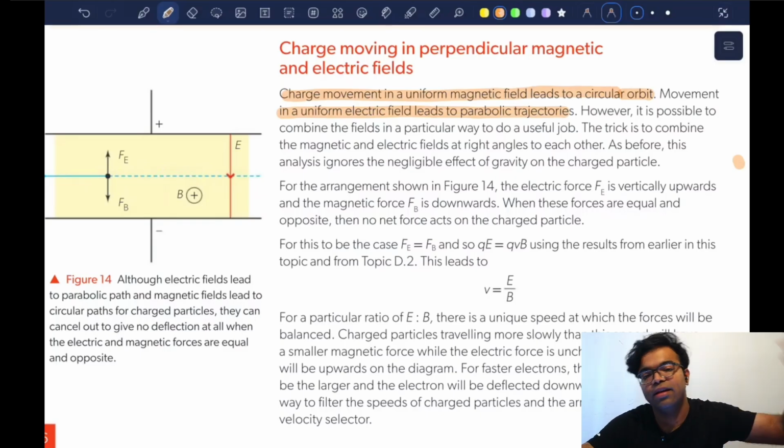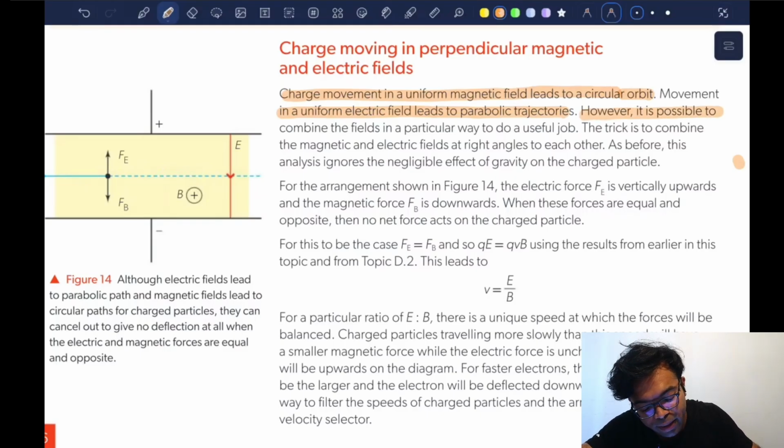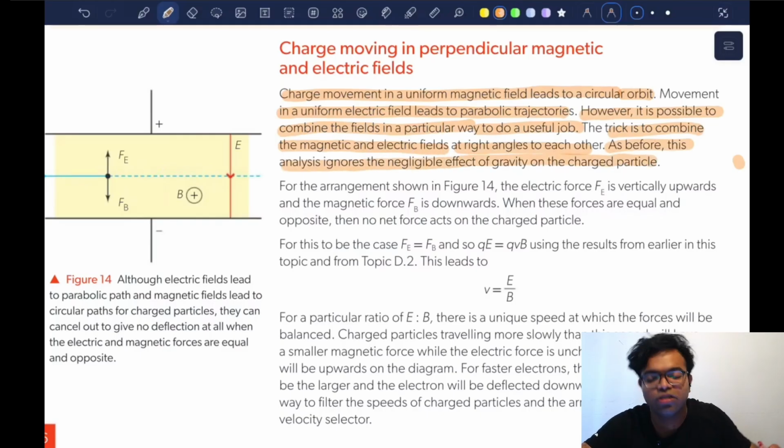So basically, you will get a parabolic pathway. However, it is possible to combine the fields in a particular way to do a useful job. The trick is to combine the magnetic and electric field at right angles to each other. As before, this analysis ignores the negligible effect of gravity on the charged particle. Okay, gravity is so small that we can consider it to be negligible for all intents and purposes.